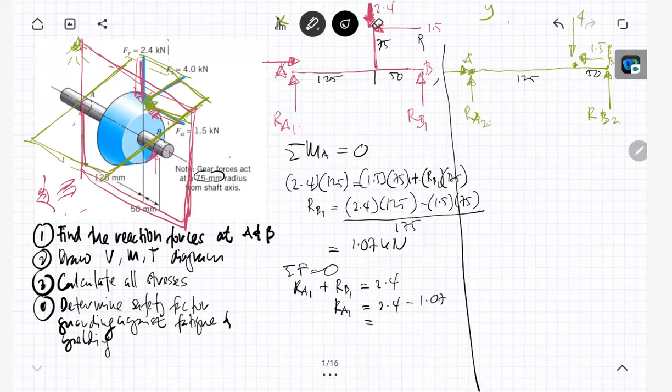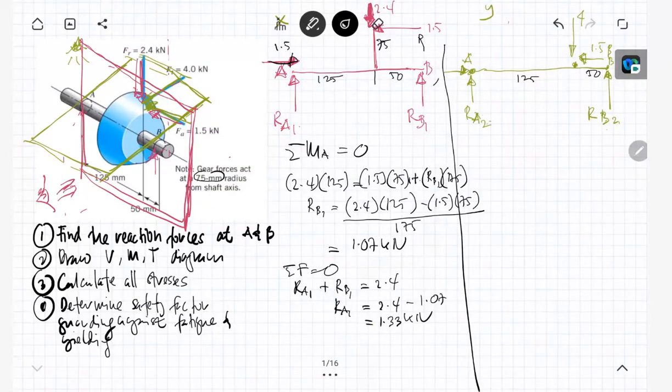You akan dapat 1.33 kilonewton. So this direction definitely equal because there's no other direction. So this is 1.5. Okay, you done for the first plane.